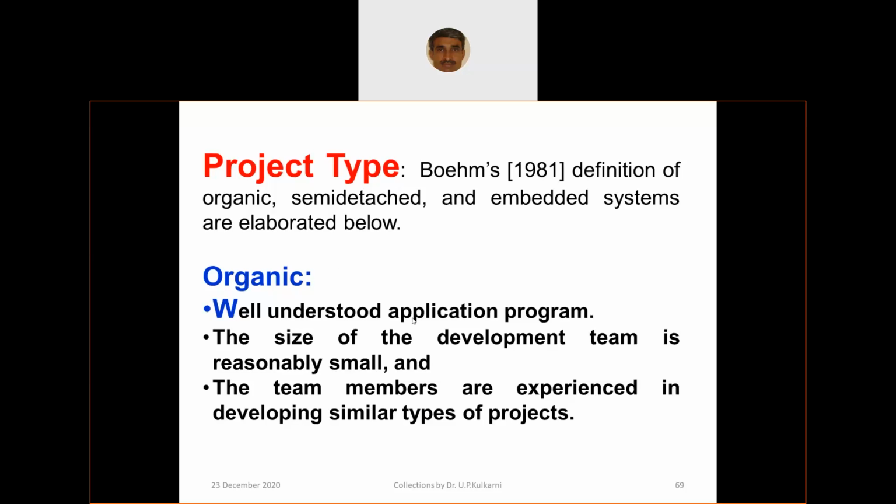There is no uncertainty. Everything is clear. The size of the development team is reasonably small and team members are experienced in developing similar types of projects. Already you have project experience of doing such things. Well understood domain, small team, and people have experience of doing similar things. It's called organic project type.